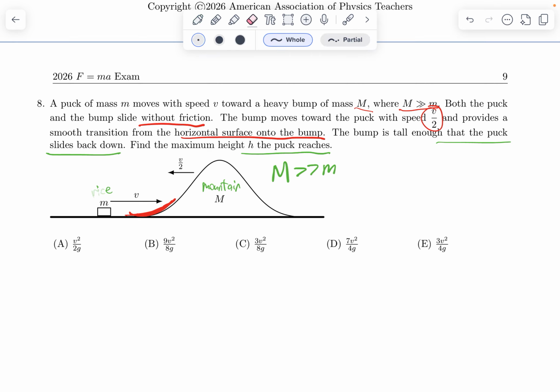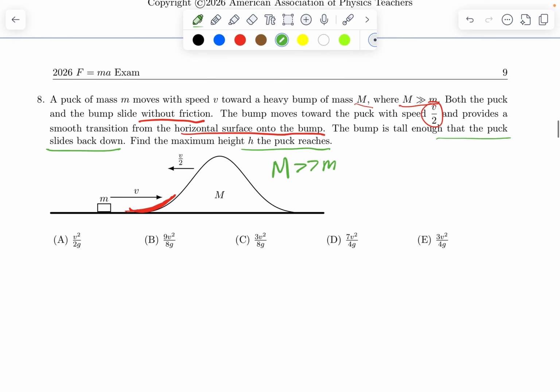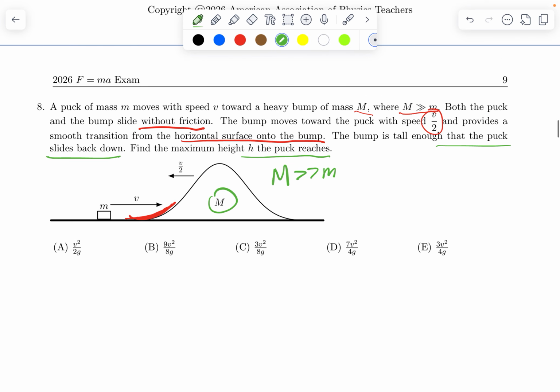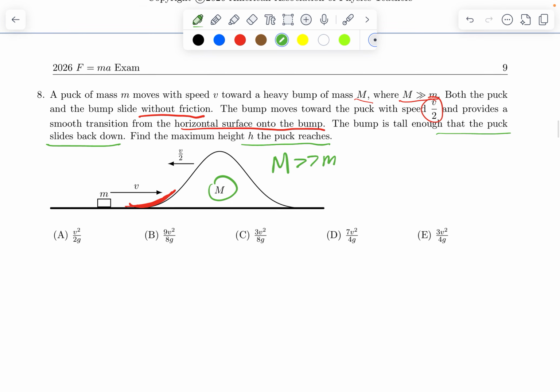So we can just work in the frame of this mass, okay? Well, actually, a better way would be to work with the frame of the big M. Now, the relative velocity relative to big M of this small m is going to be, let's say, okay, so you are on the mountain, right?